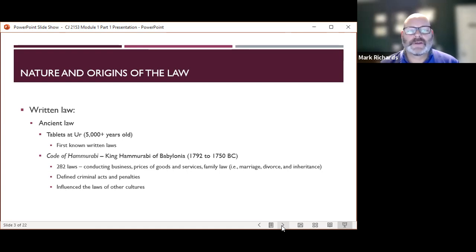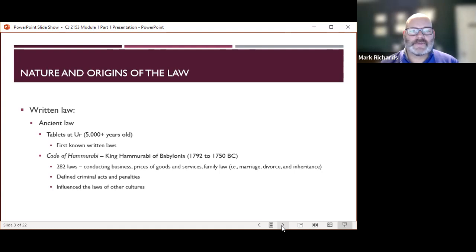His code consisted of about 282 laws, and they ranged from how to conduct business, prices of goods and services dictated for particular professions, and even delved into family law, including laws on marriage, divorce, and inheritance.